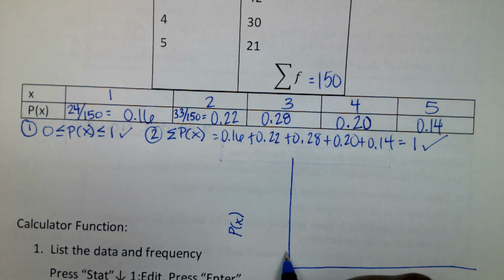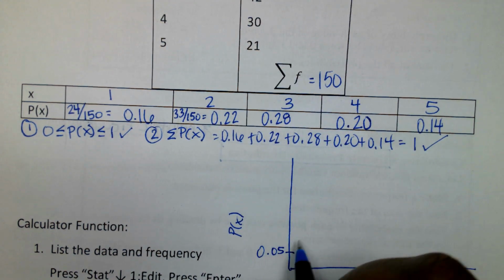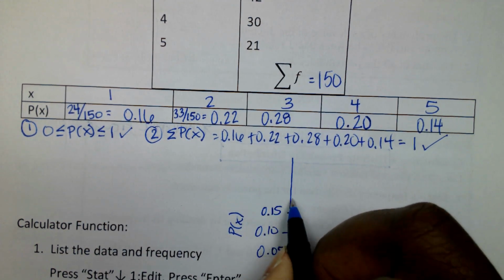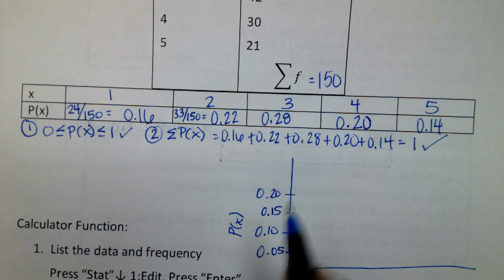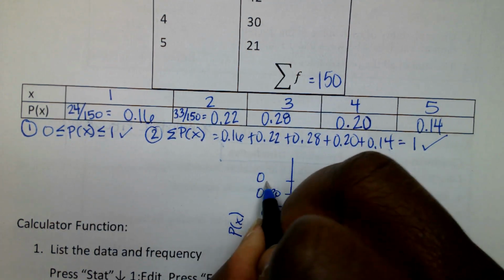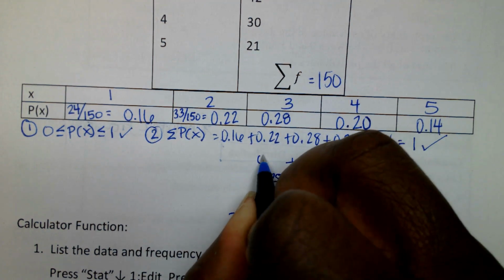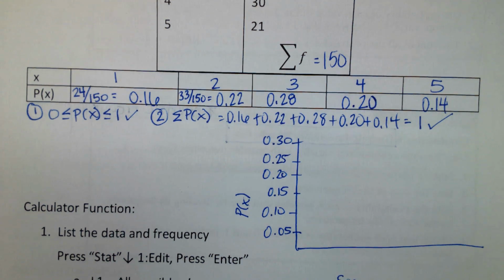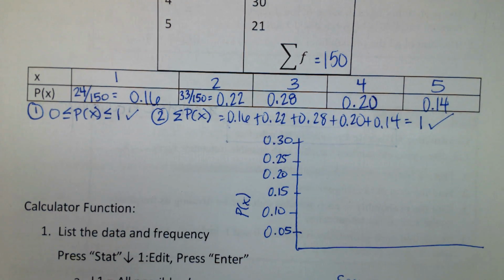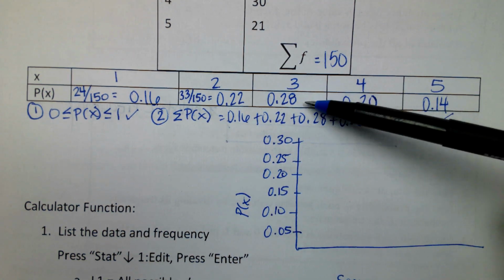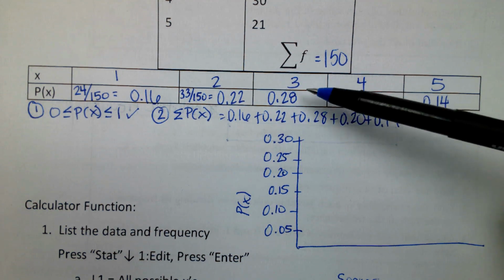And I'm going to use my faithful fives: 5, 10, 15, 20. Let me see how far that goes up. So 25, 30. I know 0 is probably my lowest, faithful fives all the way up to my highest probability.